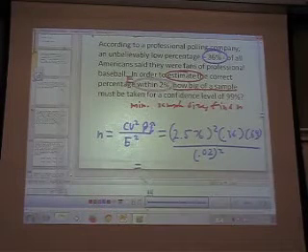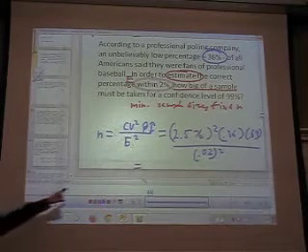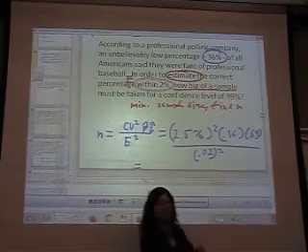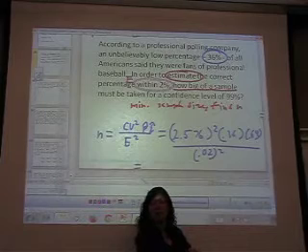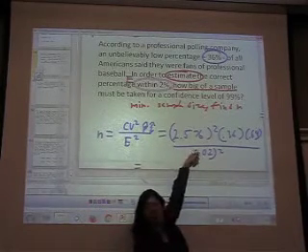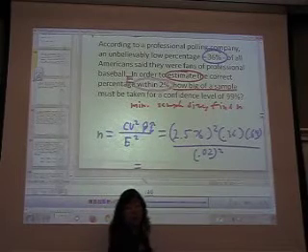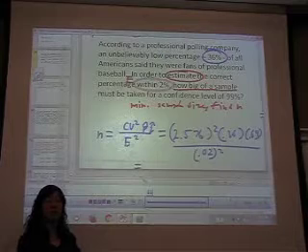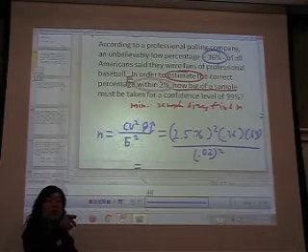Did you guys use 0.02 squared down here? Yes. I thought you squared the whole thing. You squared these two. The other ones aren't squared. You didn't square all of it. What did you get, Emma?